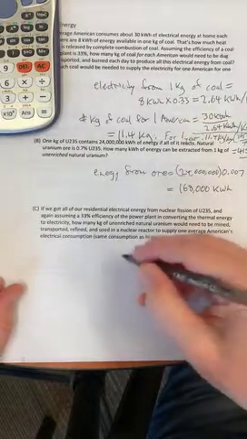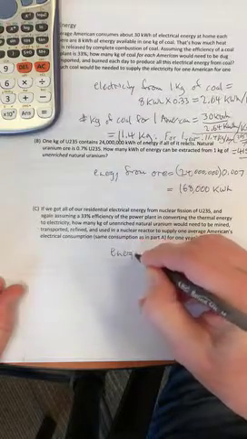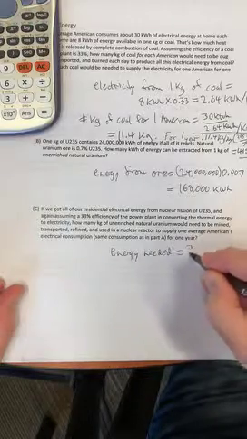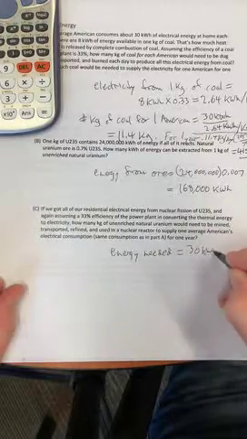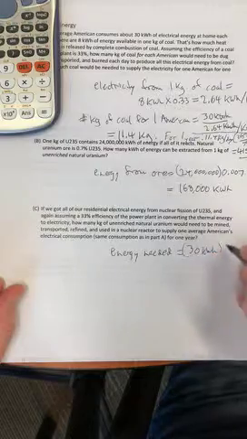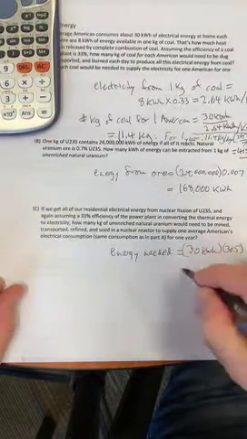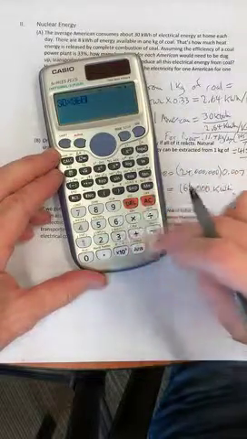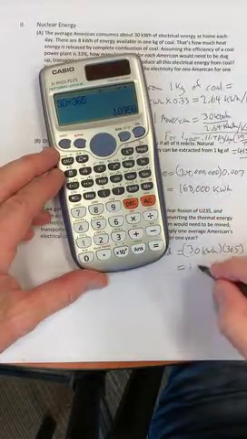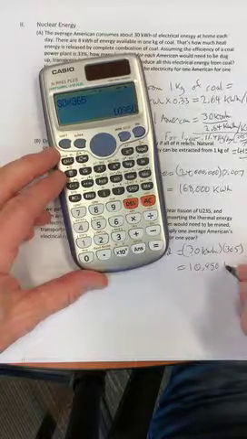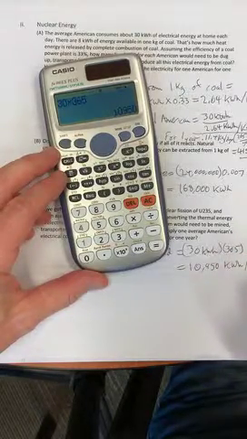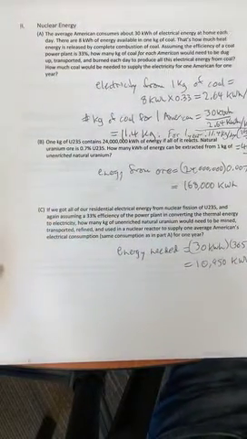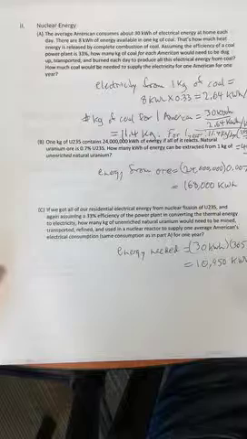Well, how much energy is needed by an American for 1 year is 30 kilowatt hours per day times 365 days per year. 30 times 365 is 10,950 kilowatt hours per year. That's how much electrical energy the average American uses at home per year.